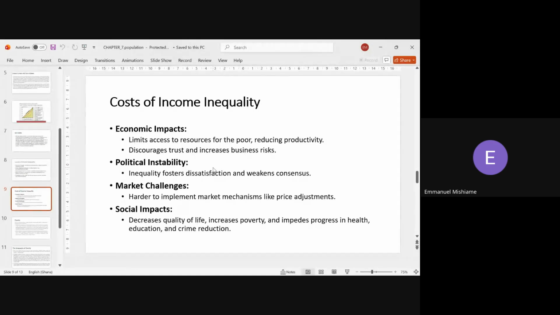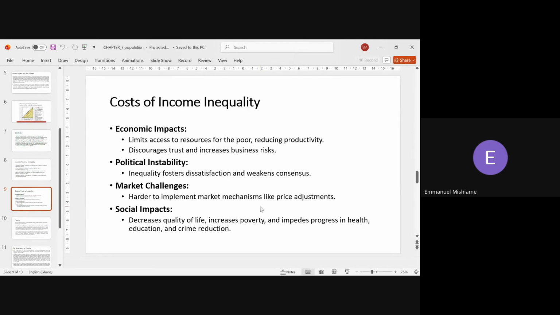We have political instability. Now we also have market challenges, that is, implementing market mechanisms such as price, with more people in the country earning less. It is difficult to properly peg the prices of goods and services at the appropriate amount, because the rich will continue to spend, and it could create the impression that things are okay because the rich are spending, but the poor people may not be able to meet the price that is being pegged.